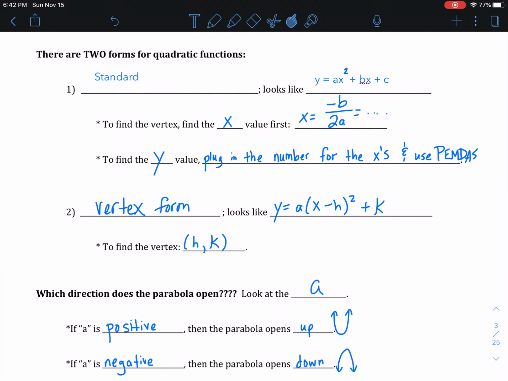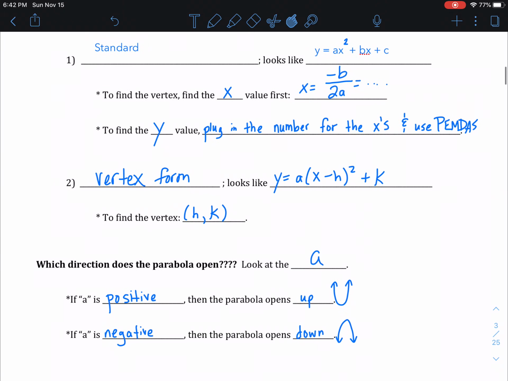So whenever we're finding the vertex, we've got to do a little bit of math. We're going to have to find the x value first by using this formula here. To find x, we take the opposite of b and divide it by 2 times a, and that would give us whatever the x coordinate is. Then after that, to find the y coordinate, we would plug in the number that we just got for the x's and then use PEMDAS, or order of operations.